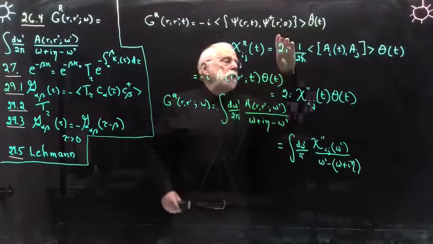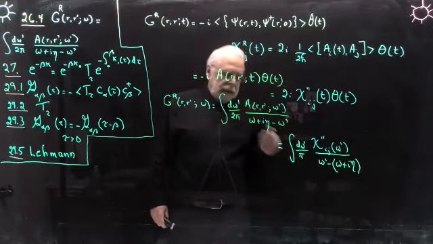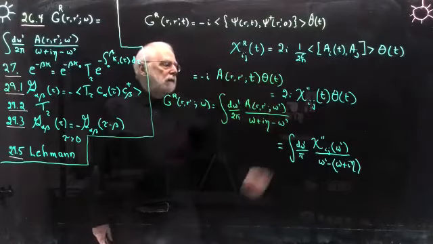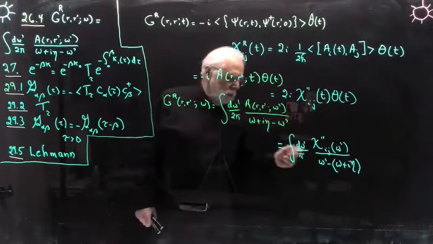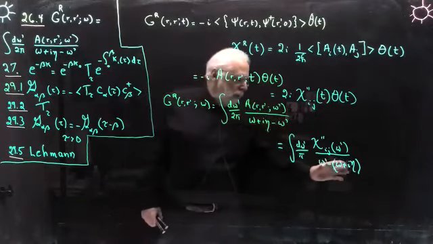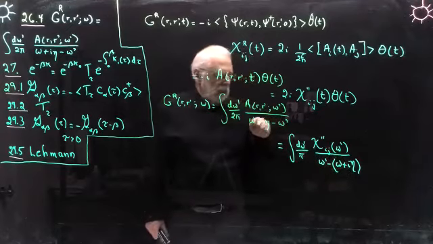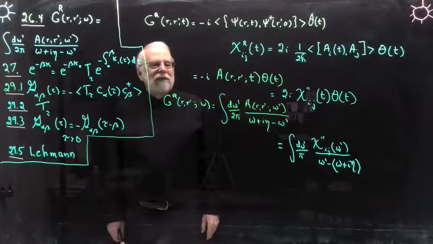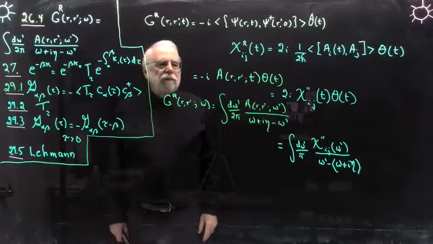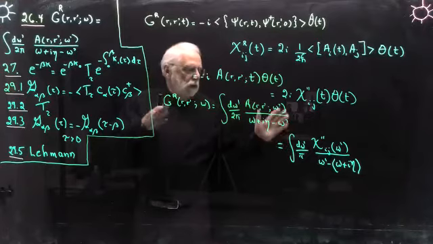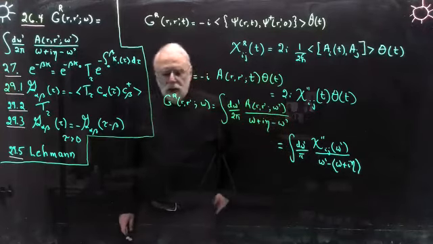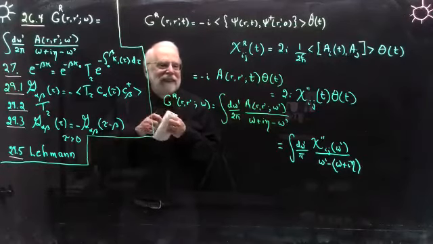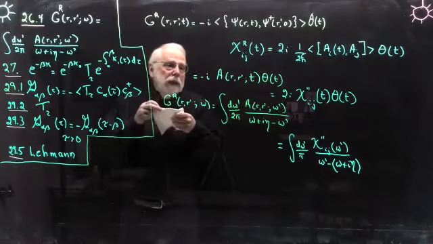So you see there was a 2 here, so instead of 2 pi, we have pi. And here there's a minus sign, and here there's no minus sign. So this switches, right? Here you have omega prime minus omega plus i eta, here omega plus i eta minus omega prime. It's just a question of definition. You can see there's some lack of consistency between these definitions, but we have to live with this, because it's pretty standard.